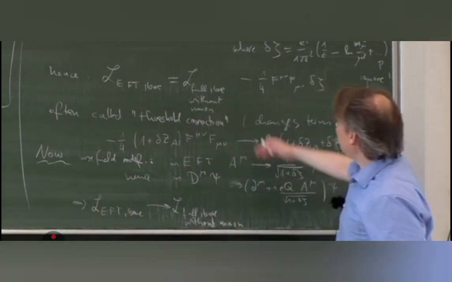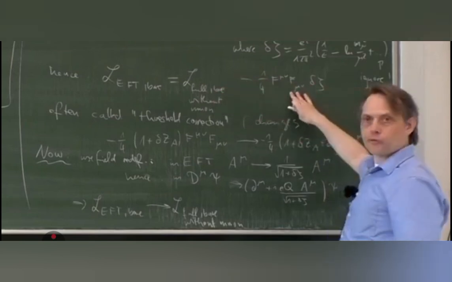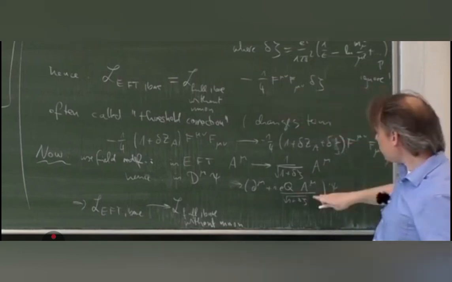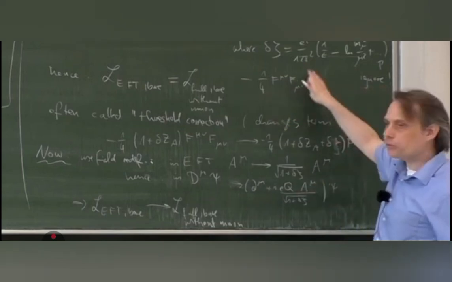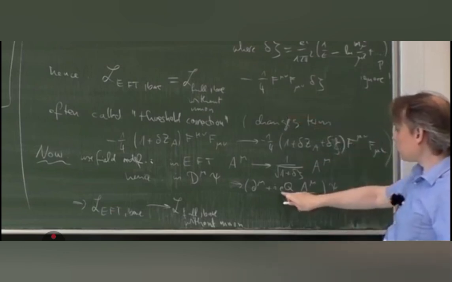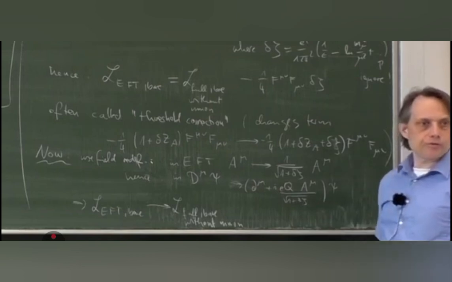previously it was the full theory without muon minus this term. Now that term is basically cancelled by the field renormalization, so it doesn't exist anymore. And instead, what has changed is that the coupling constant is replaced by e divided by the square root of (1 + δζ).